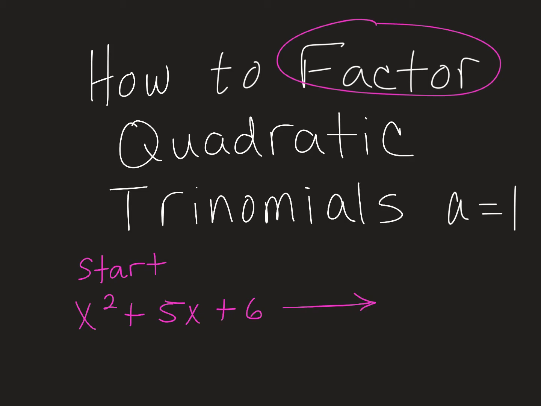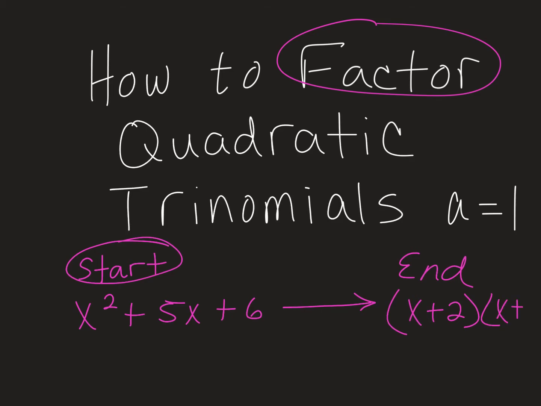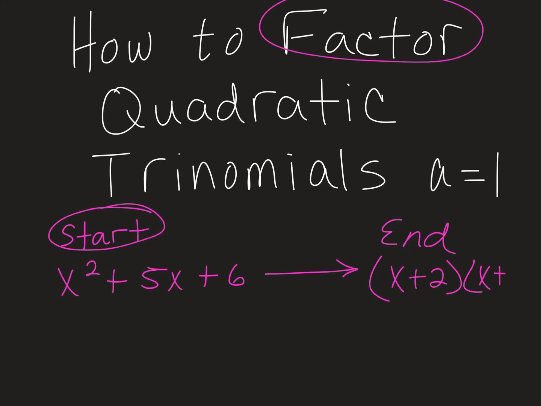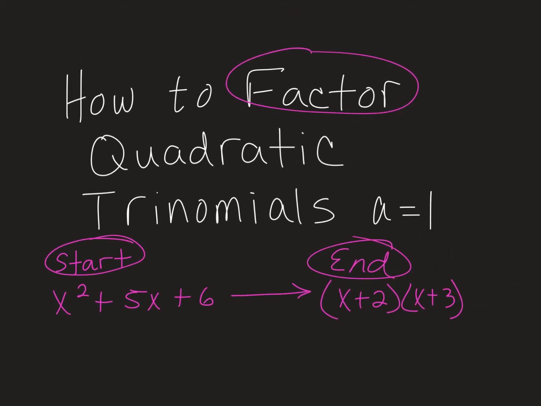Instead of ending up with this quadratic trinomial, this is where we're going to start. And at the end, we are going to get the two binomials that we multiplied together in order to get that trinomial. So we're doing the opposite of multiplying. This is not a mathy term, so I'm going to put it in quotation marks.